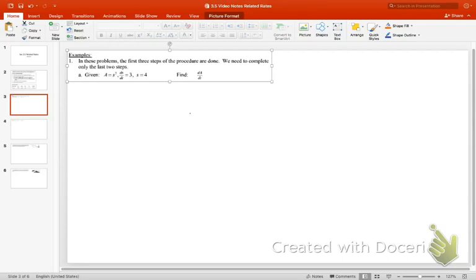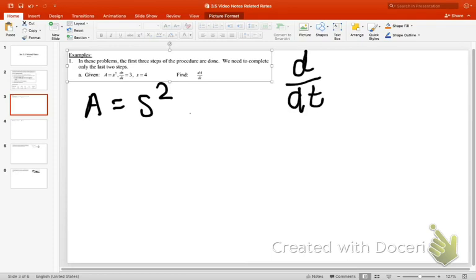So we're going to go ahead and take the derivative of our primary function. So our primary function is A equals s squared. So if I'm taking this derivative, it's important to remember you're doing your derivatives with respect to time. So t is our variable.